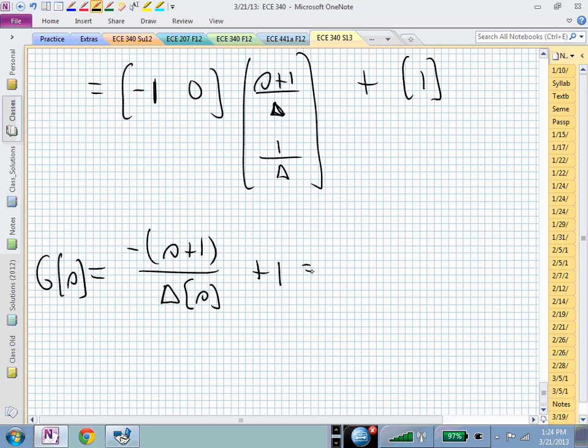And if you simplify this and put it all over a common denominator, you will end up with s squared plus 1.5s. Hopefully, doing the algebra. Questions on that?